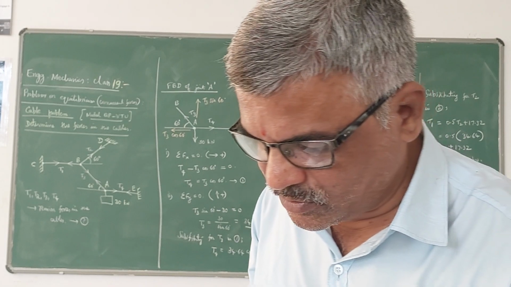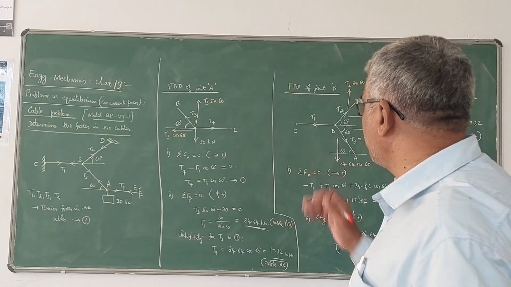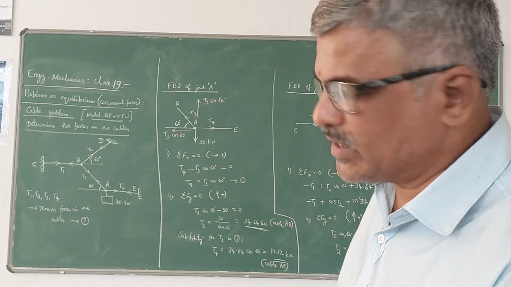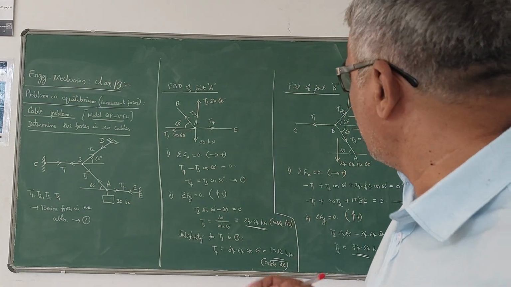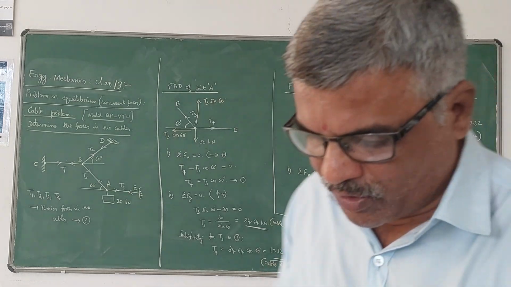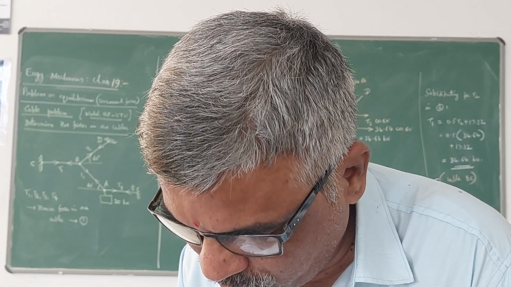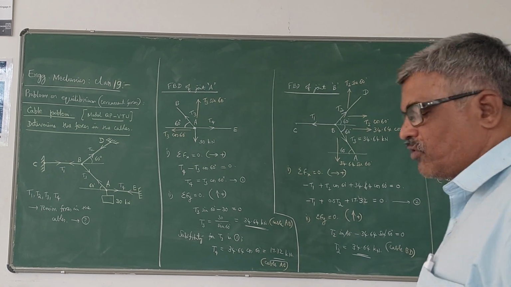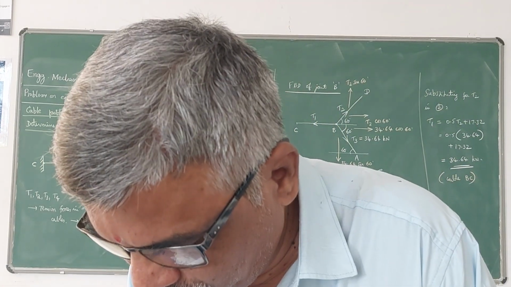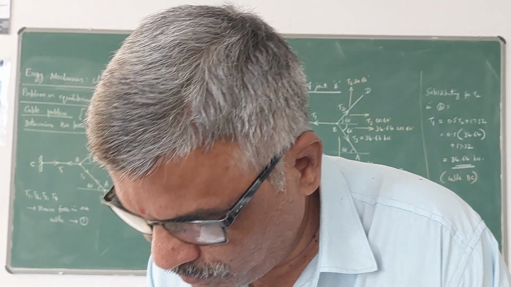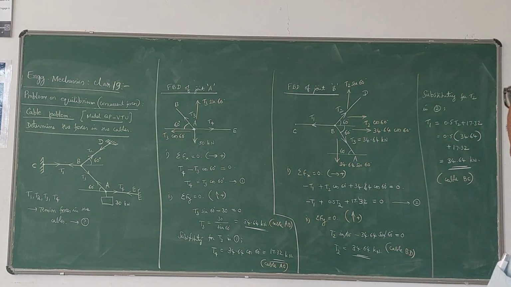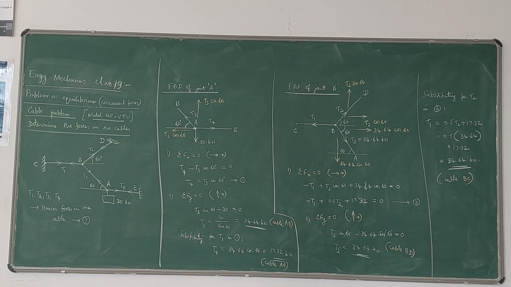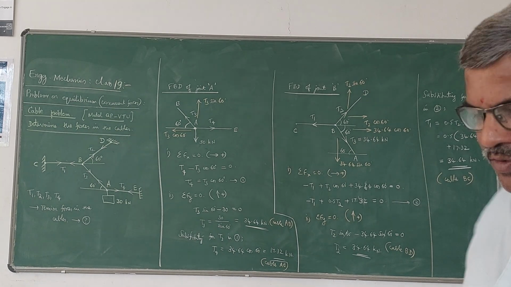Now the answers. Please try to solve the problem on your own and check the values. T1 we got 34.64 kilonewton, T2 also 34.64, T3 also 34.64.